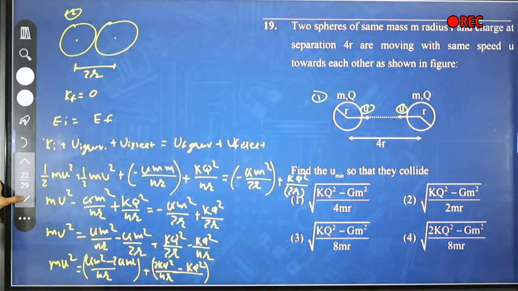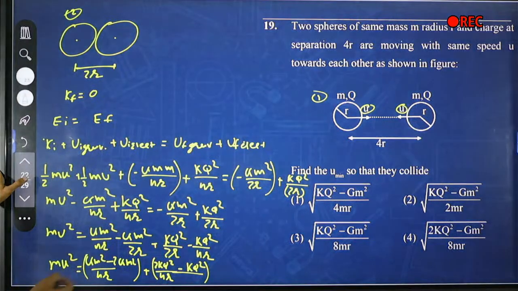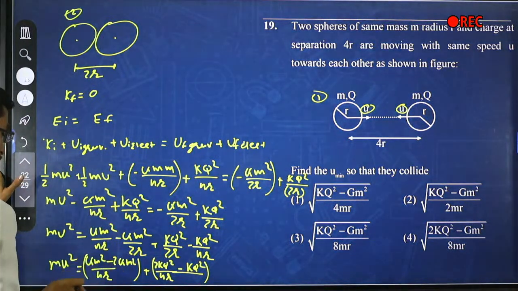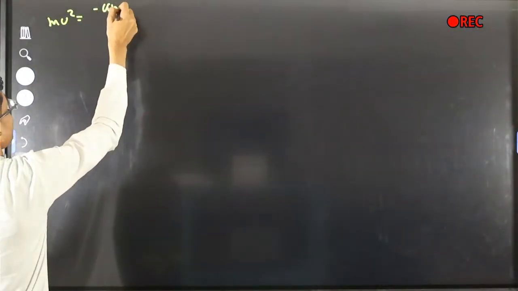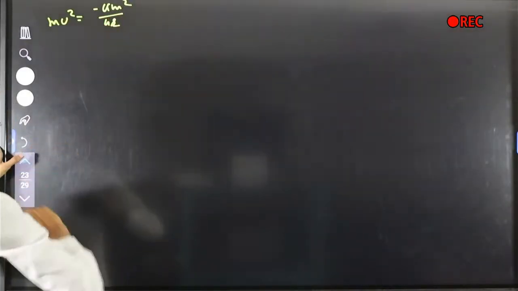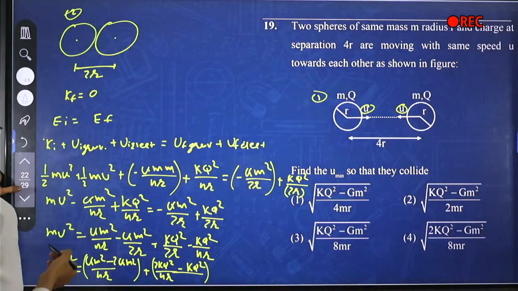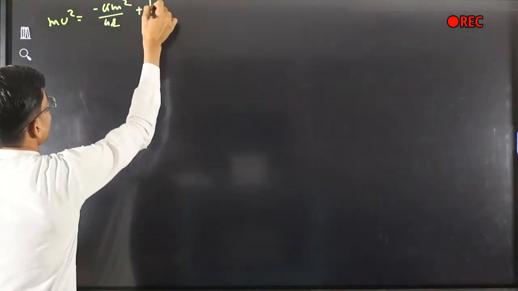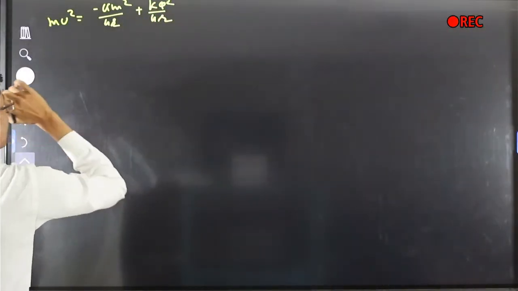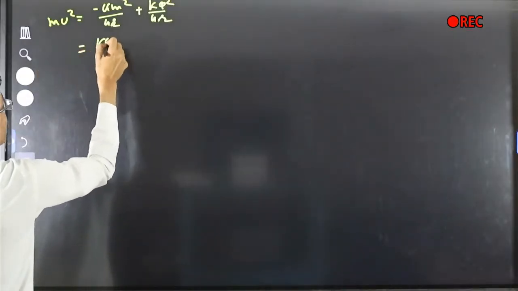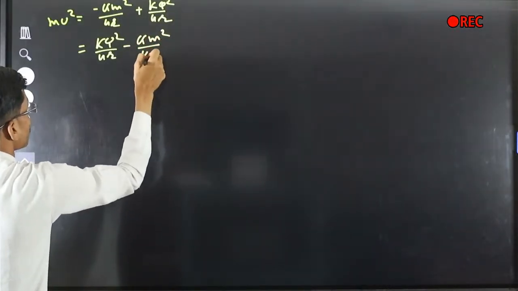So m u square is equal to G m square minus 2 G m square, so minus G m square by 4r, plus 2 k q square minus k q square, so this will become k q square by 4r. So we can write m u square equals k q square by 4r minus G m square by 4r.